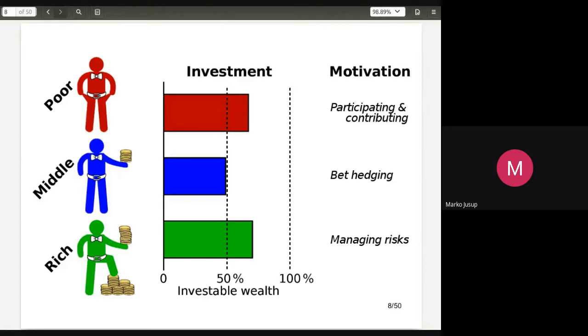It's not so calculated, not so rational, it's a human trait, and people just try to be in there. It's the middle group, whose wealth is in the middle, who are hedging one way or the other.